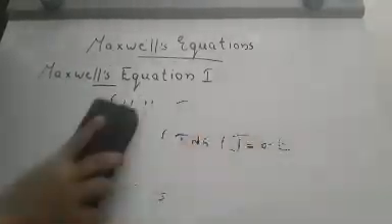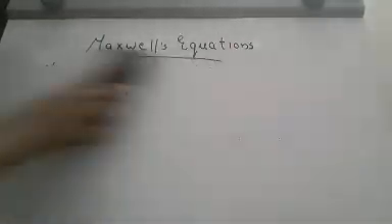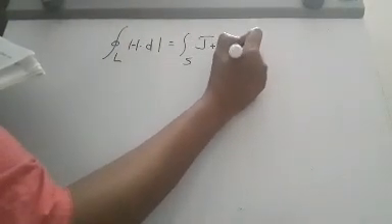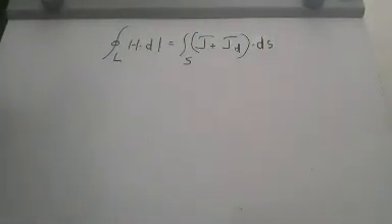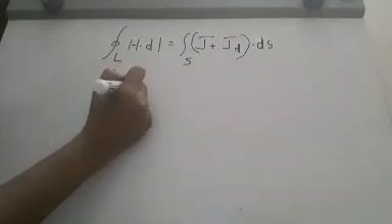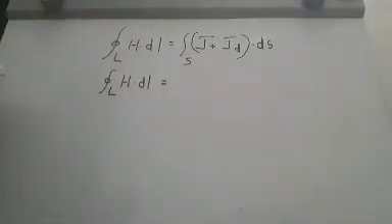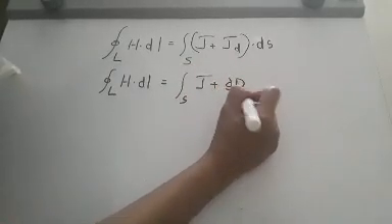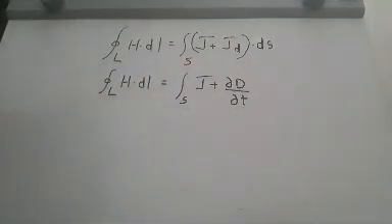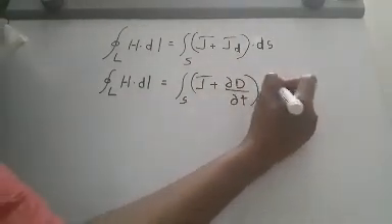Combining these two, we can rewrite Ampere's circuital law as the line integral of H dot dl equal to the surface integral of (J plus Jd) dot dS. Or the line integral of H dot dl is equal to the surface integral of (J plus dou D by dou t) dot dS, because we know that Jd is dou D by dou t.